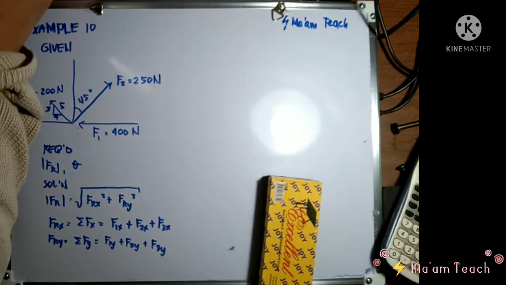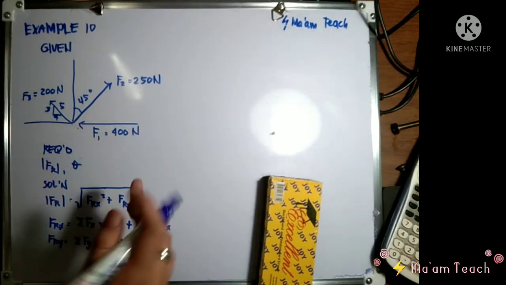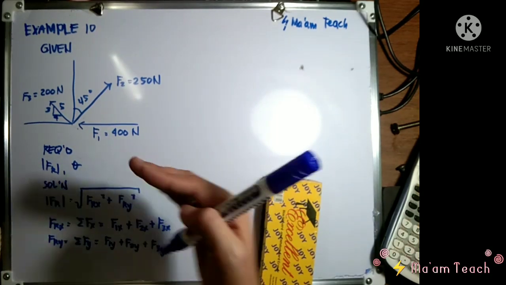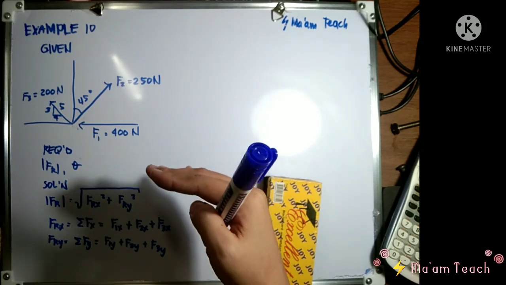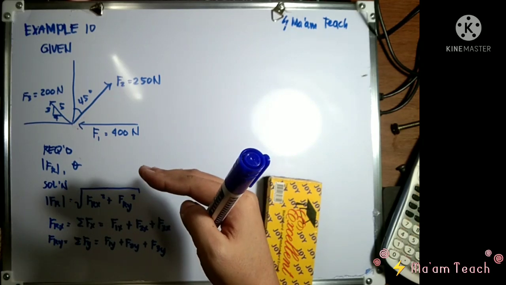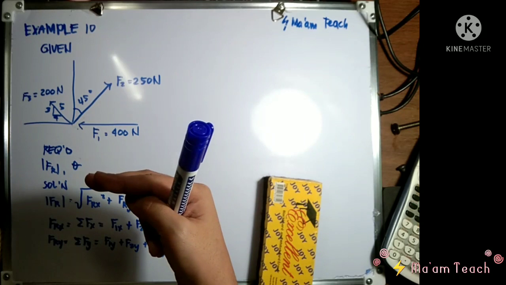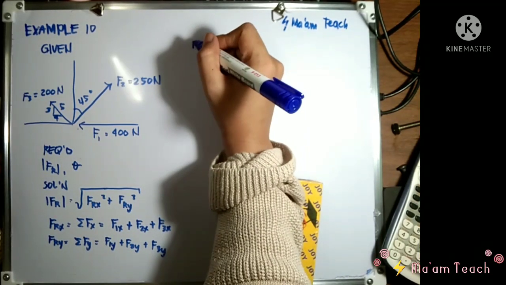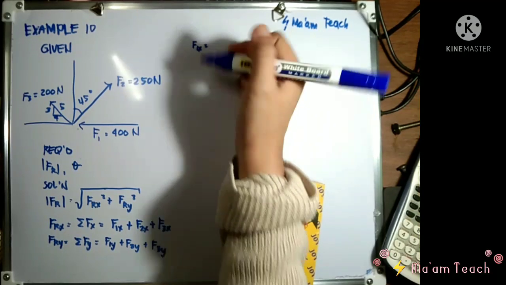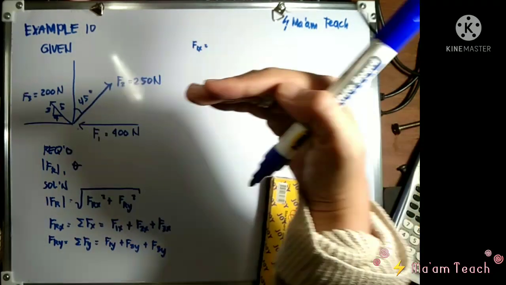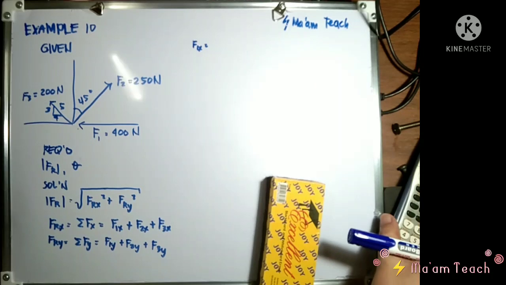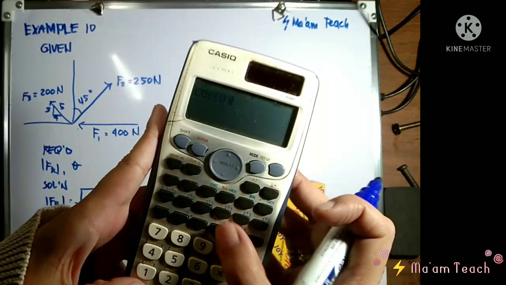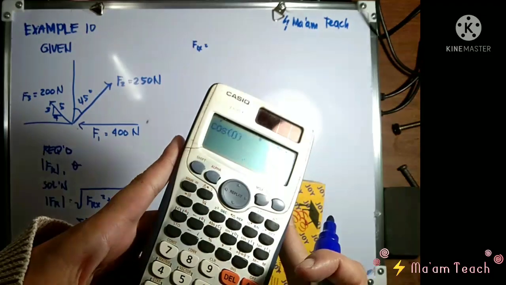Okay, so to do that, let us first examine our F sub 1 here. If you notice, F sub 1 is directly on our x-axis. Since it is to the left, so obviously what is the x component of your F sub 1? Since there's no angle, class, if you could notice, cosine of an angle of 0 is 1, as you can see there.